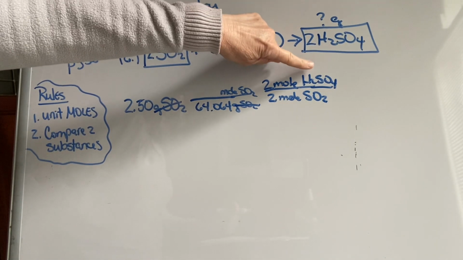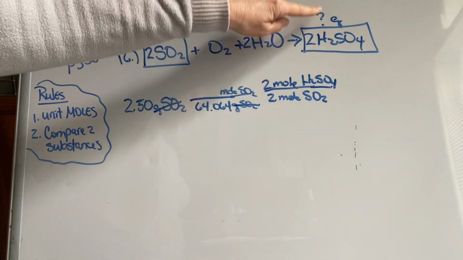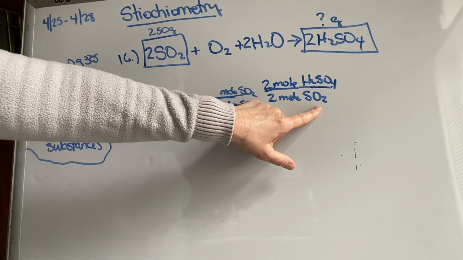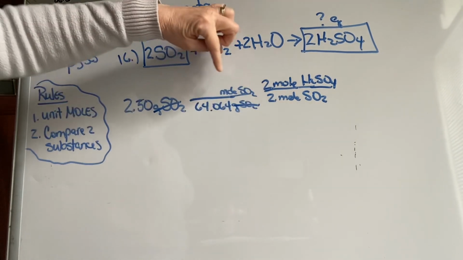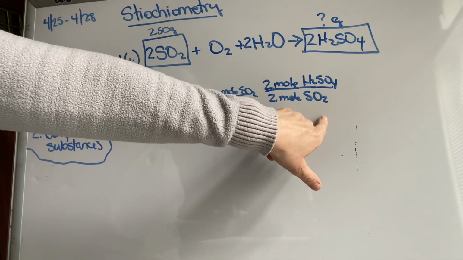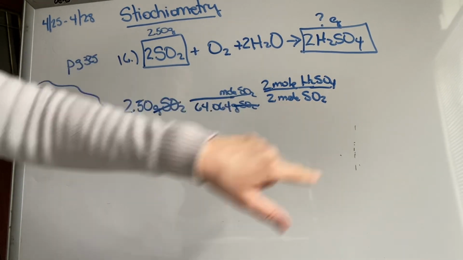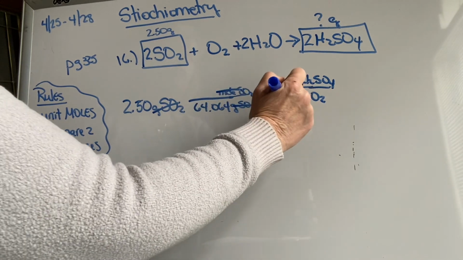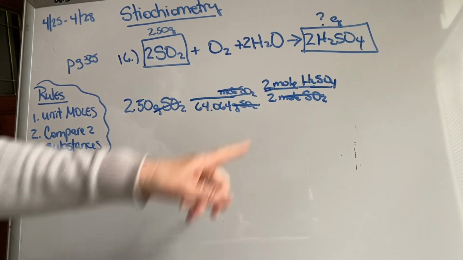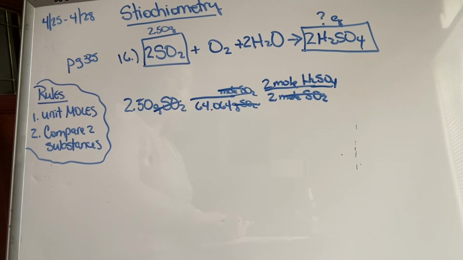Again, I knew I was going to put this in the numerator because that's what I'm solving for in the end. I need to know how much of that's produced. I know I'm going to put this in the denominator because I have mole of SO2 in this numerator, which means mole of SO2 would have to go in that denominator in order to get those to cancel. Cancel your units. You stop and you evaluate. My unit now is mole of H2SO4 or sulfuric acid.